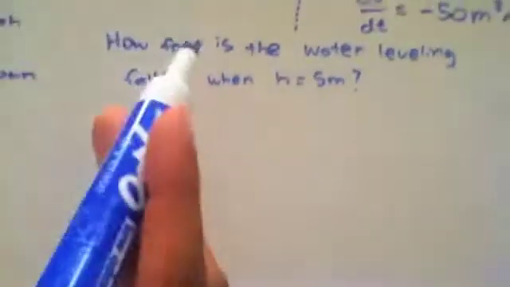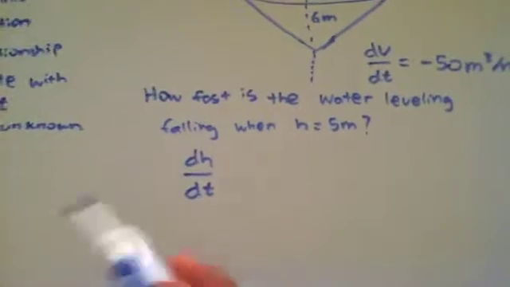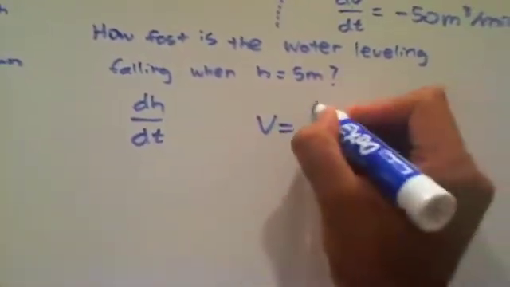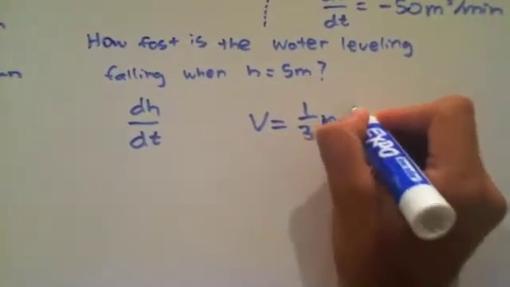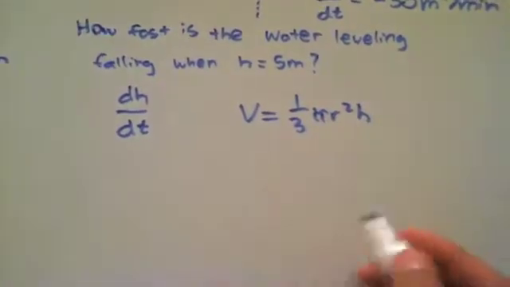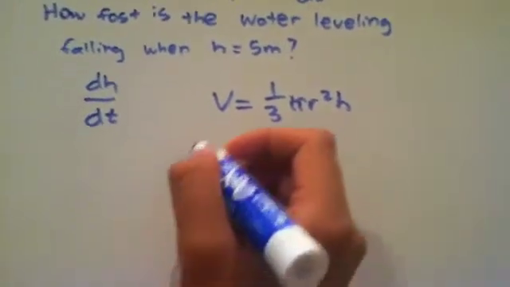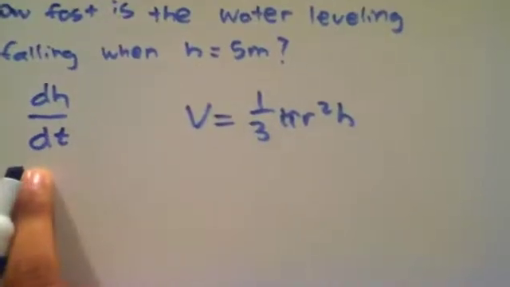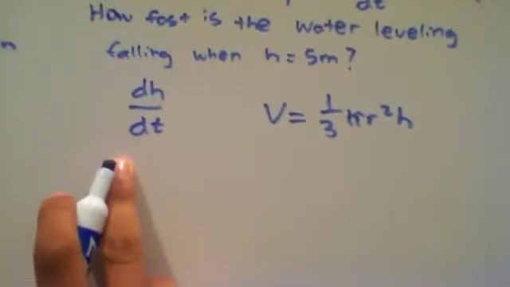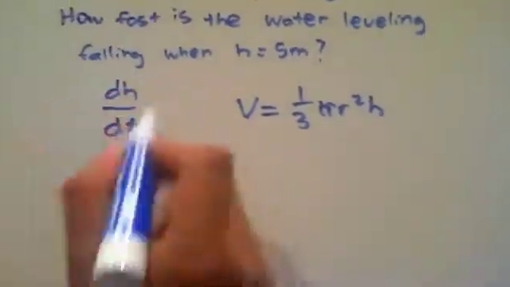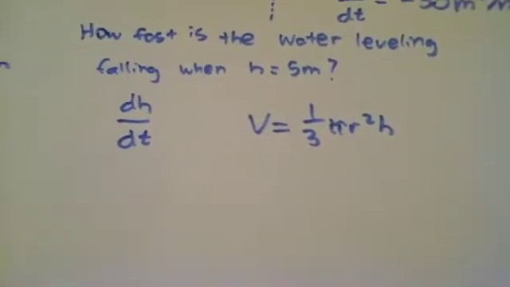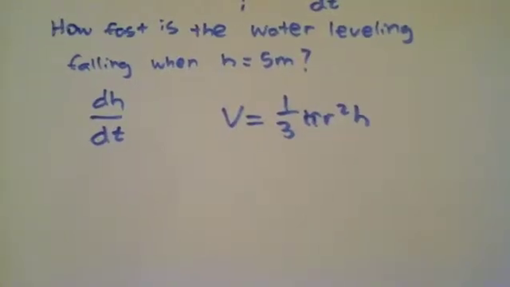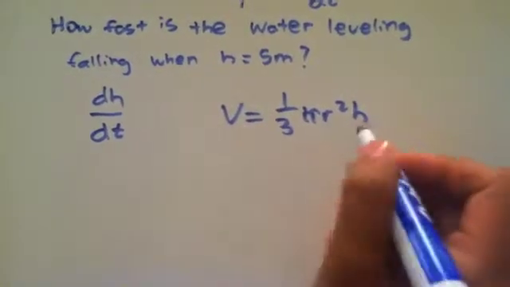We can start by writing an appropriate equation, which is one of the steps: V is equal to 1/3 pi r squared h. This is the volume equation. Since we're being asked for dh over dt, once we differentiate we only want dh over dt. We don't want a dr over dt variable in this, so we should put r in terms of h.